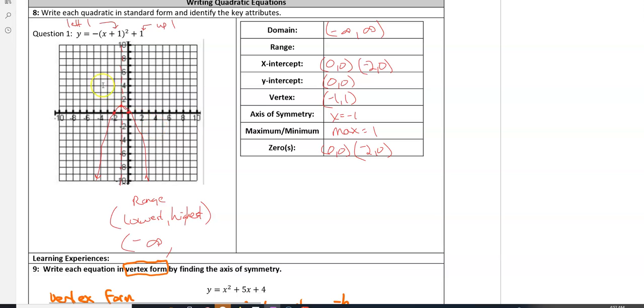And the highest it ever goes is 1, because it goes all the way up to 1 right here. And use your bracket there. So -infinity to 1. All right, so that is everything I need for this problem, and that is your answer to number 8.